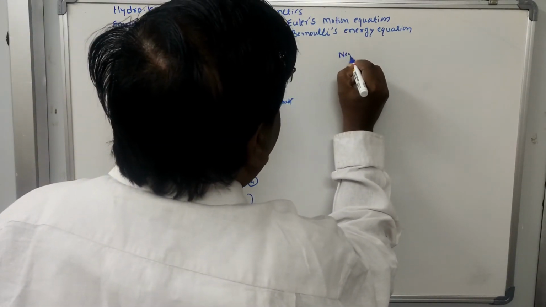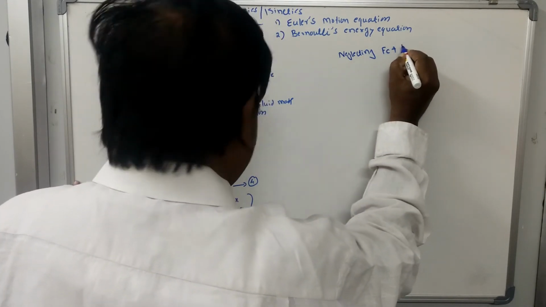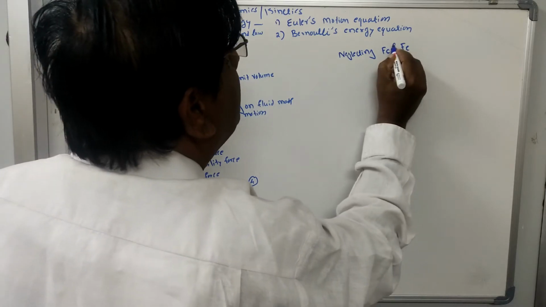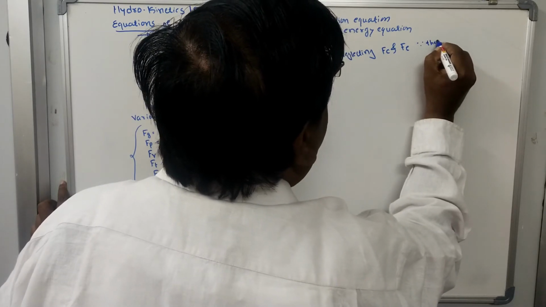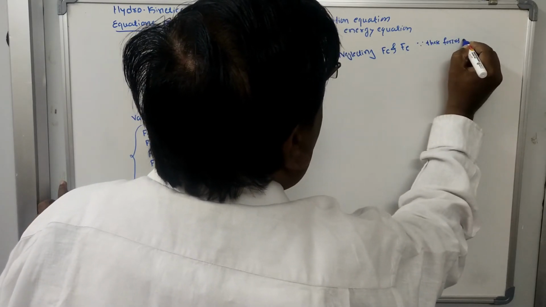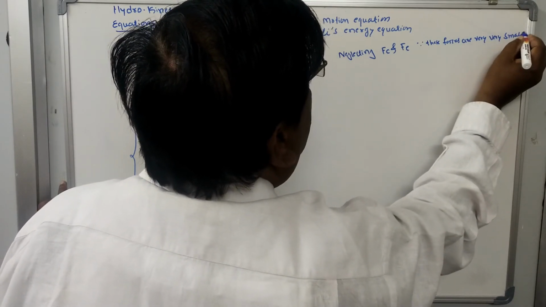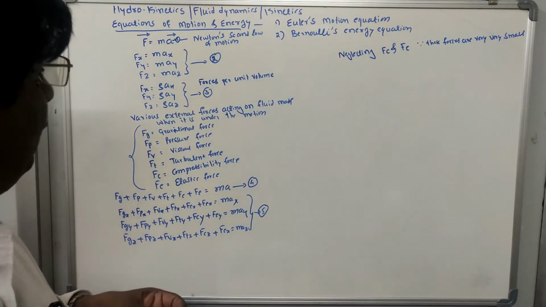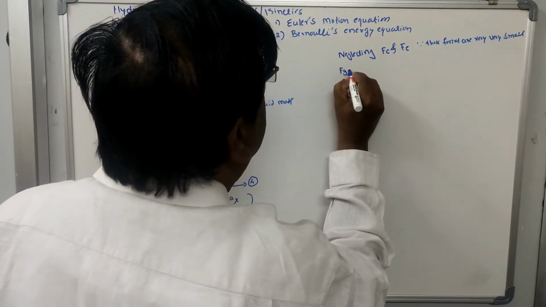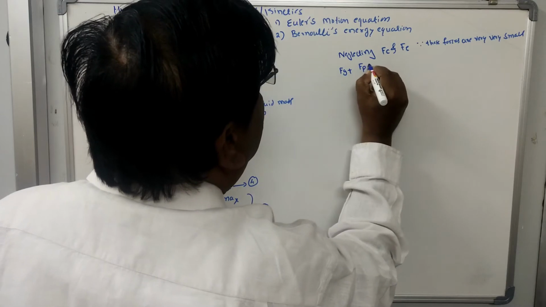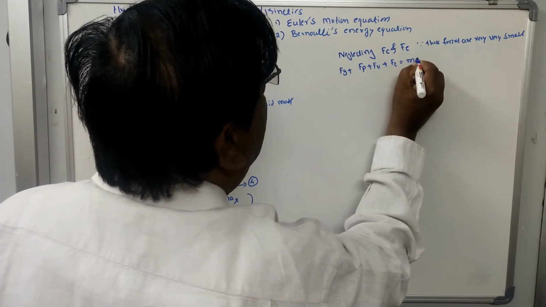Neglecting F_C and F_E, because these forces are very, very small as compared with F_G, F_P, F_V, F_T, equation 4 can be written as F_G plus F_P plus F_V plus F_T is equal to Ma.